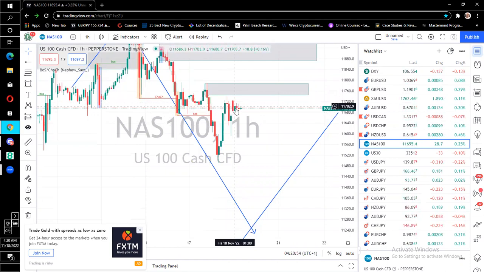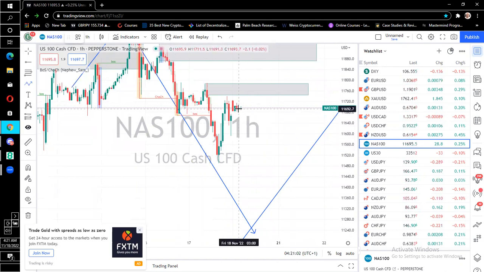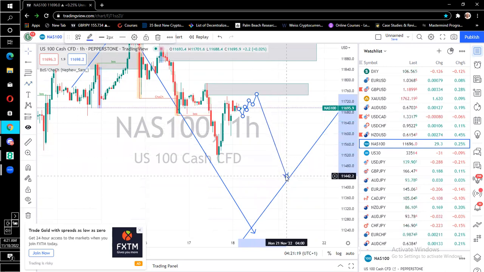So what we should be expecting is the market to find its way up, manipulate its way up, possibly come down here, fill this, and push its way slowly to the upside. Once the market taps here, we will then expect a push to the downside. That is what we'll be expecting for now.